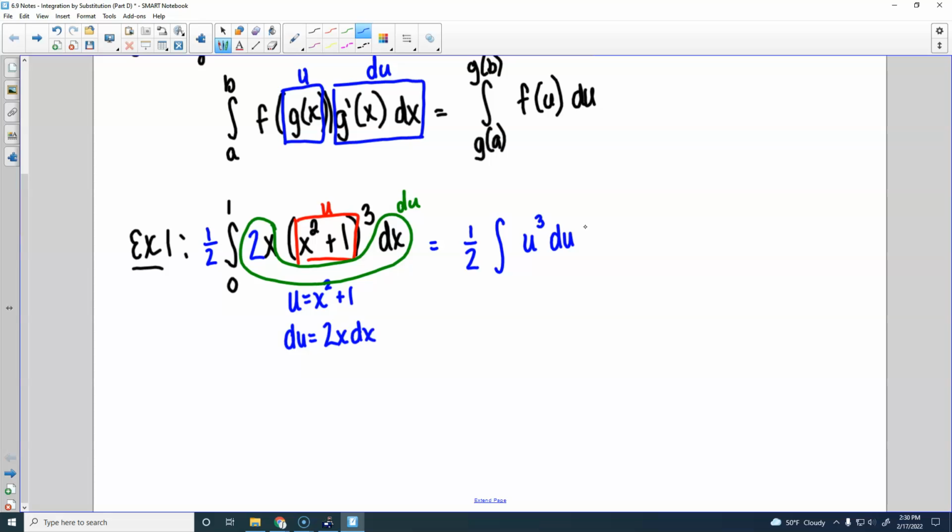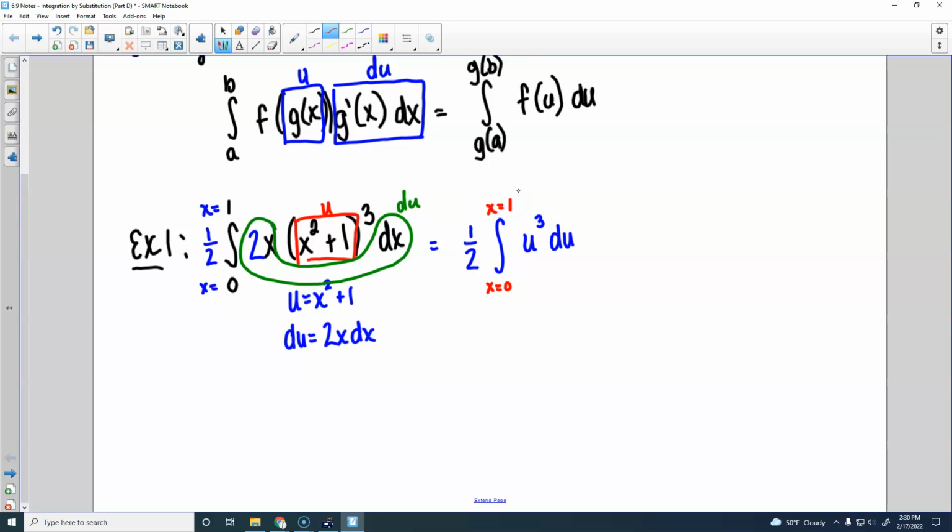Okay, so you do have two ways that you can do this problem. Whenever I have this integrated from 0 to 1, all of my variables here were x. So this was telling me it's integrating from x equals 0 to x equals 1. I do have the option, though I would not write this down because this is not the quickest way to do it, I could do x equals 0 and x equals 1 here.